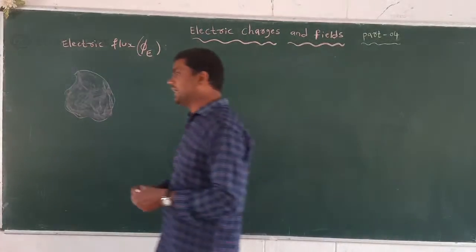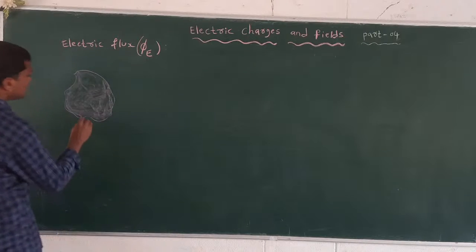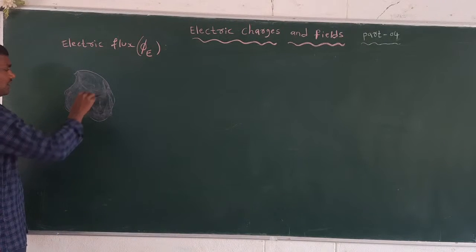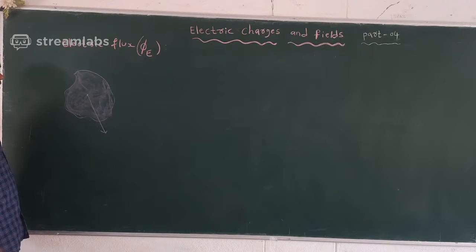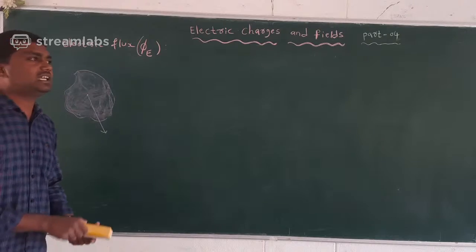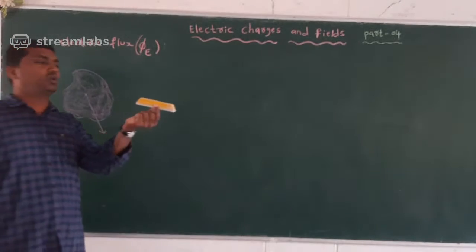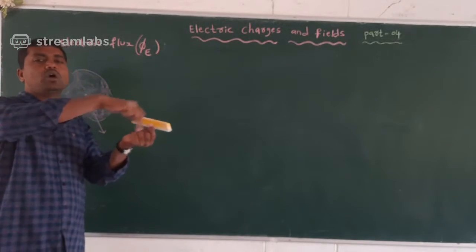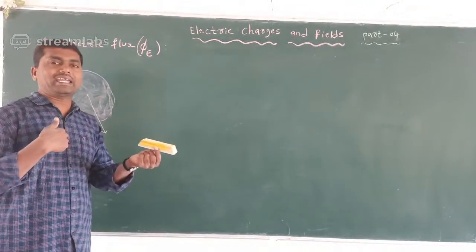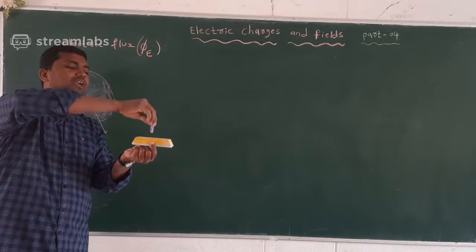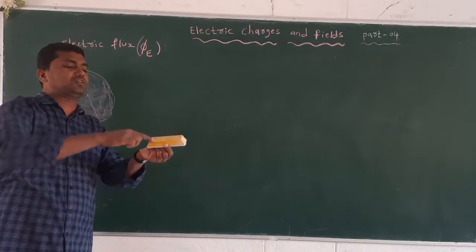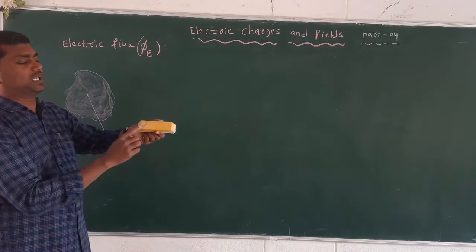So I can write the equation. Here we draw the normal to the direction. This is the electric field lines, and the total charge is distributed over the surface. This is the plane surface, a rectangular plane surface.